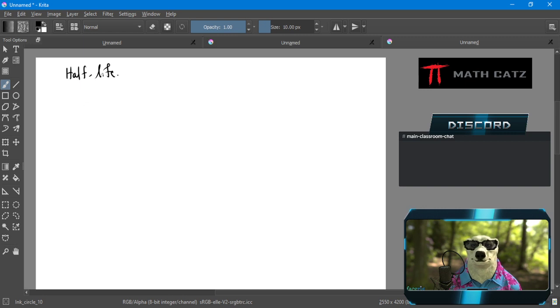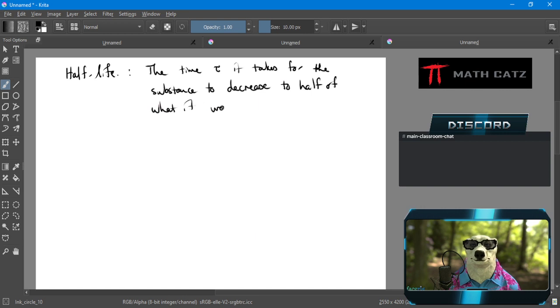It's called the half-life. So the half-life is the time, let's call it tau, that it takes for the radioactive substance or whatever we're looking at to decrease to half of what it was.